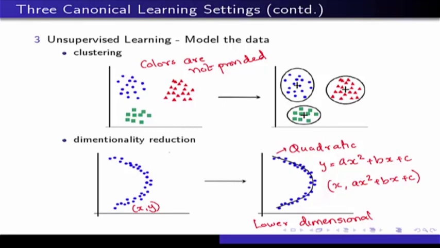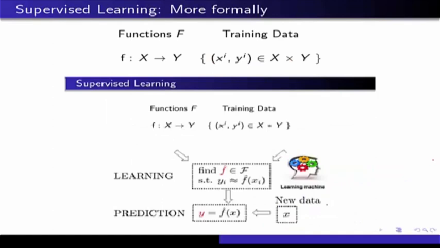Interestingly, the setting of dimensionality reduction comes very close to the first problem that we will discuss in this course, and that is of least square regression. So more formally, supervised learning is the problem of looking at data which is in the form of tuples xi and yi.